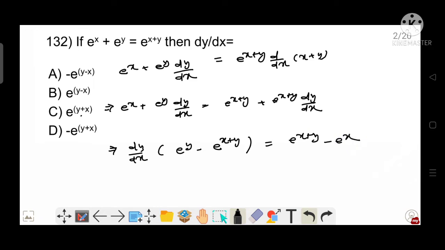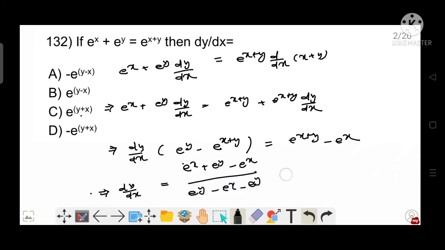Now we can find dy by dx, which is equal to, we can put the e to the x plus y value from the given question, e to the power x plus e to the y minus e to the x, divided by e to the y minus e to the x minus e to the y.